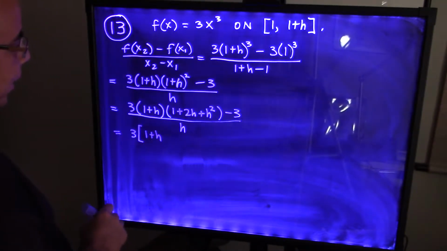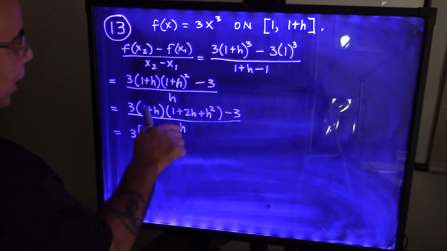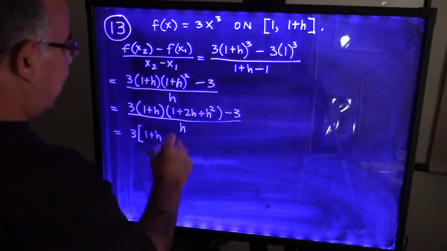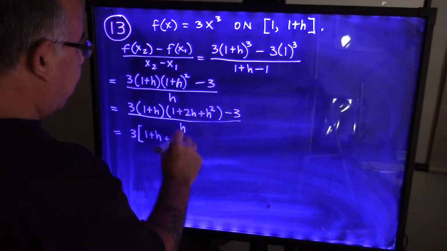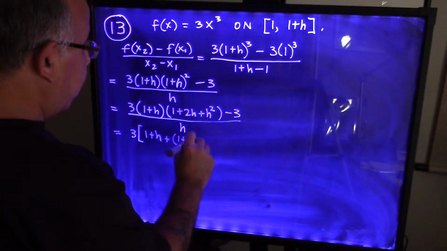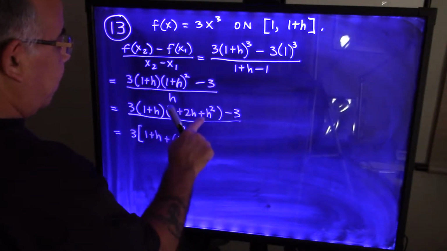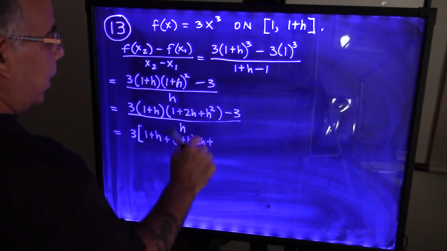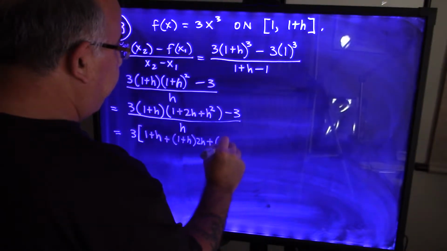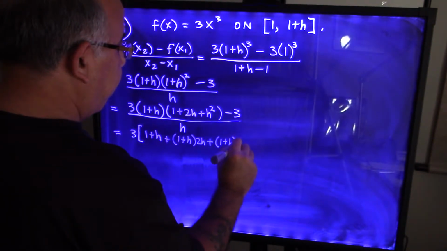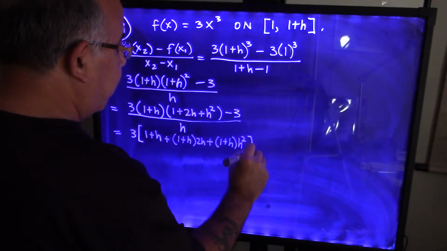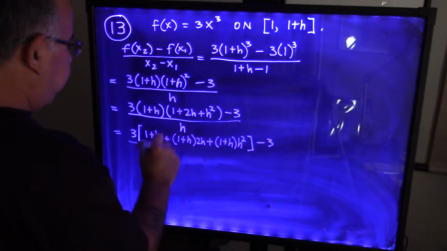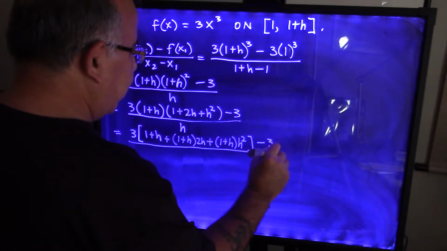And then plus 1 plus h times 2h. And then plus, as you can see there, 1 plus h times h squared. End bracket, and then minus 3 at the end, all over h.